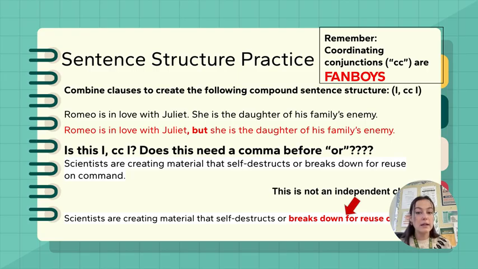So when we are looking at compound sentences and we use a coordinating conjunction, we need to put a comma. However, every single time that we use that word doesn't mean that we have to always use a comma. We have to look at it with a critical lens and think about the bigger picture. Is there an independent clause on one side, and is there also an independent clause on the other side?